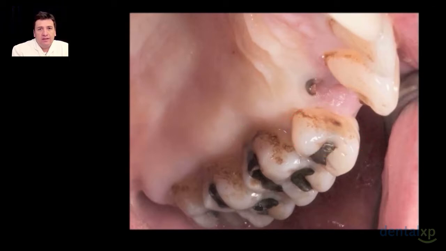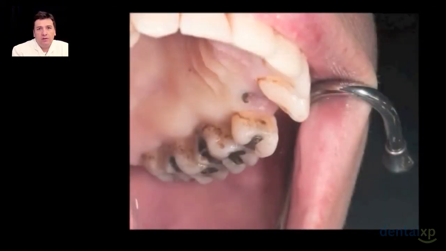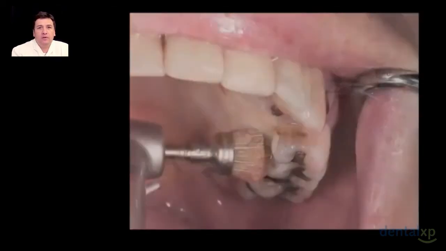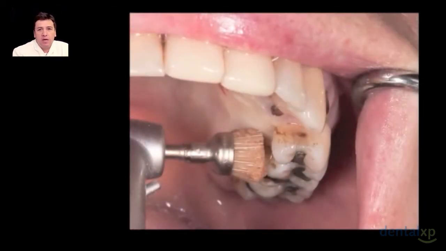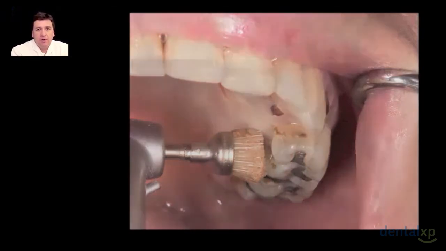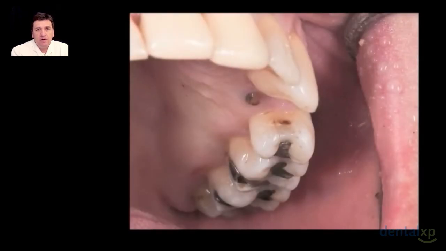So those stains are not from smoke, they are from chlorhexidine, but they may confuse you with some decay problems. So we have to clean our mouth to be very sure it's not a chlorhexidine stain, that it is a decay problem.